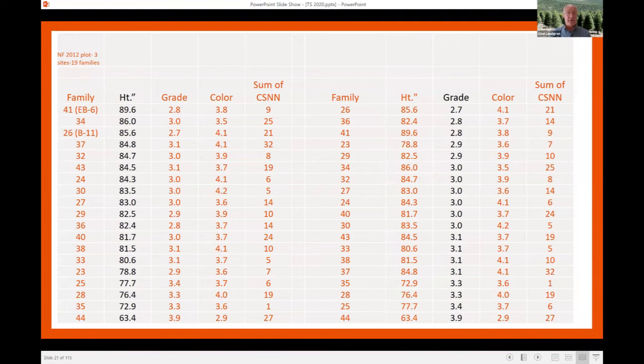So to make a long story a little shorter, we identified these 2 sources, Edwards Butte 6 and B11, which comes out of the Hostetler seed orchard, as 2 very promising next generation sources that we wanted to keep in our seed orchards.